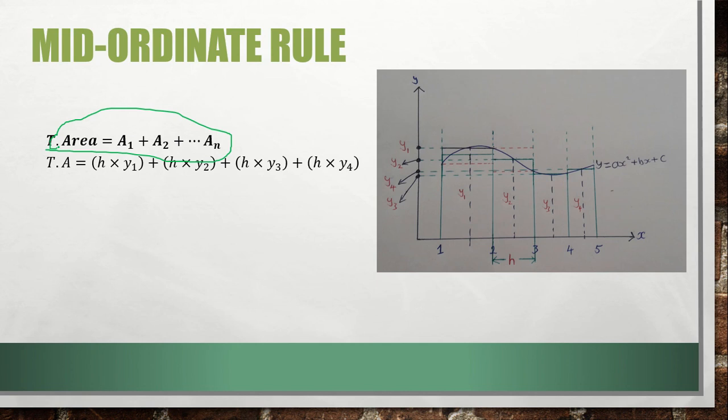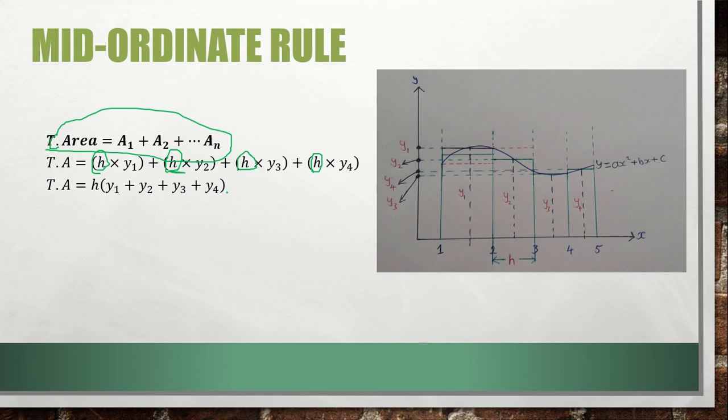They are basically the areas of each of these strips, or the rectangles, which is h multiplied by y1, plus h multiplied by y2, y3, like that. But notice the h part is constant all through, and it is similar. So it shall give us our scalar, or the multiplying factor. So basically it will be h multiplied by y1 plus y2 plus y3 up to y4.